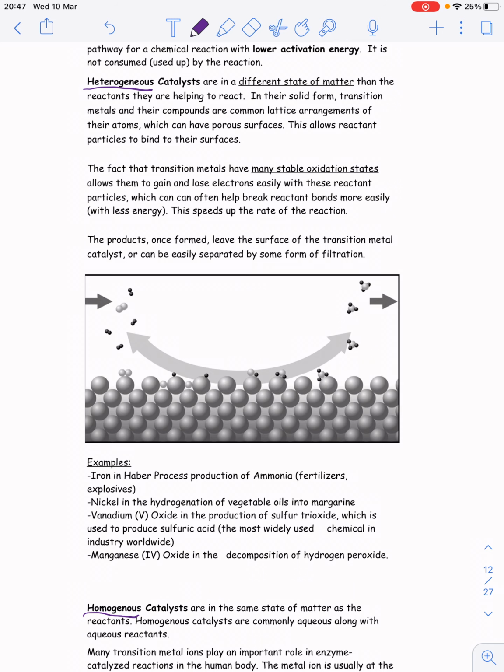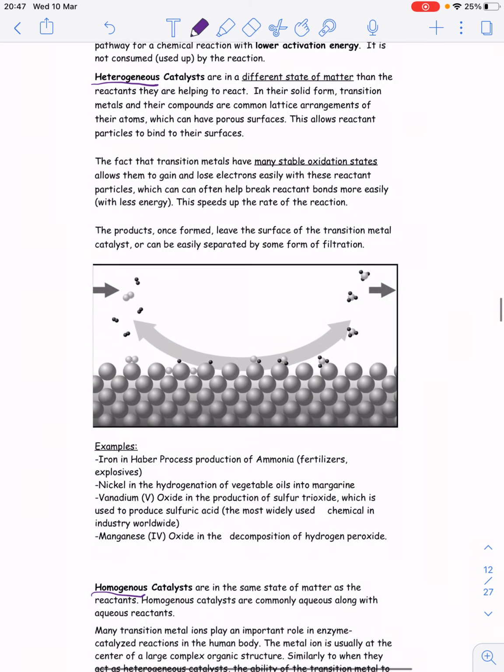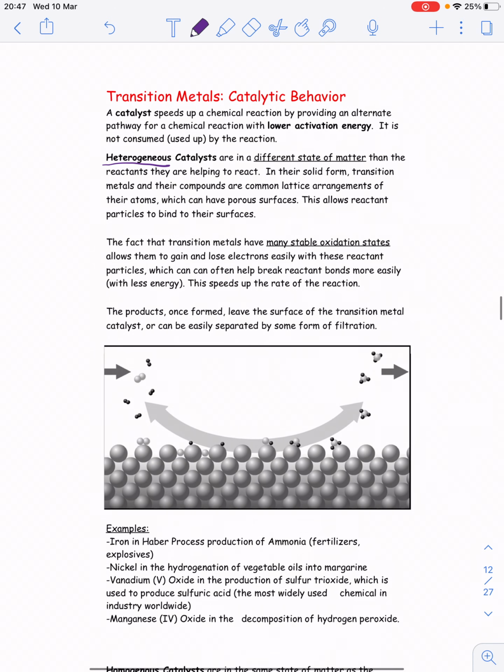So a heterogeneous catalyst for these transition metals is often when they're in their pure metal form. So like an actual piece of solid metal usually acts as a surface upon which other reactants can temporarily bind and collide and react. So that's the way that they act as heterogeneous catalysts.